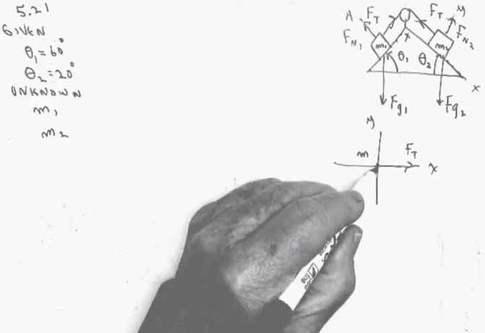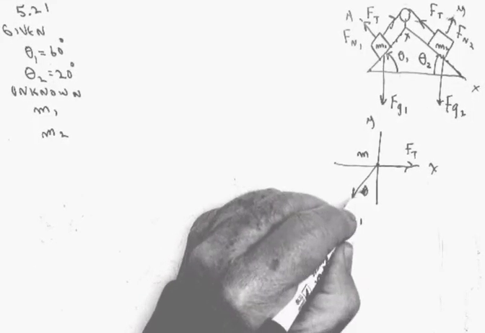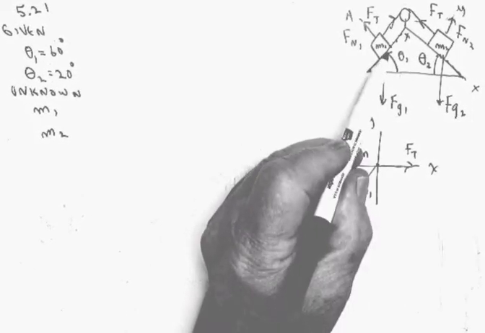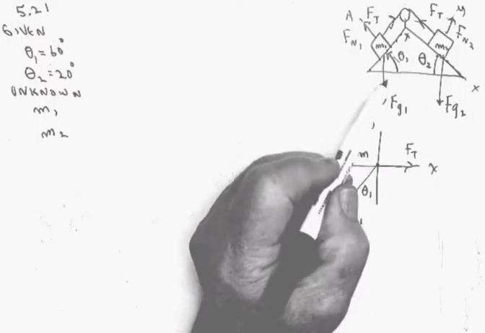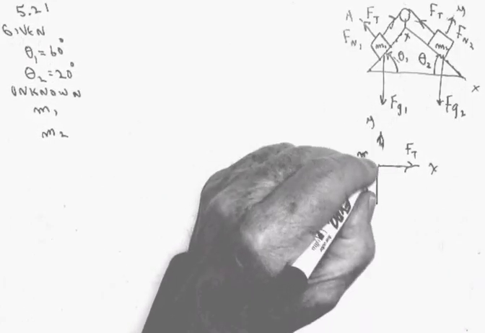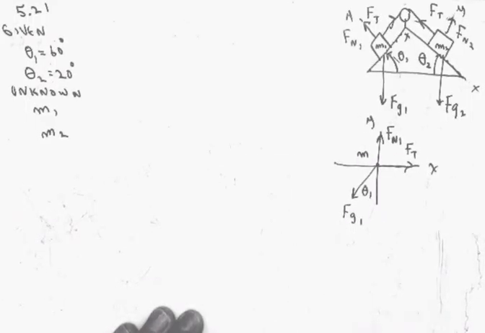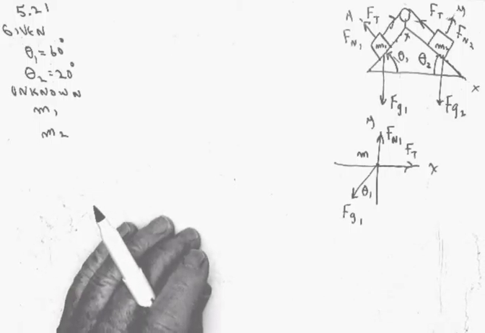And it's going to have a force of gravity, Fg1, at an angle theta 1. It's hard to see, but if I extend this down, you can see that angle right there is theta 1. There's a normal force, but there aren't any other forces. There's no friction or anything like that. So the force of tension is pulling it up. The force of gravity is pulling it down at an angle with respect to the y-axis.